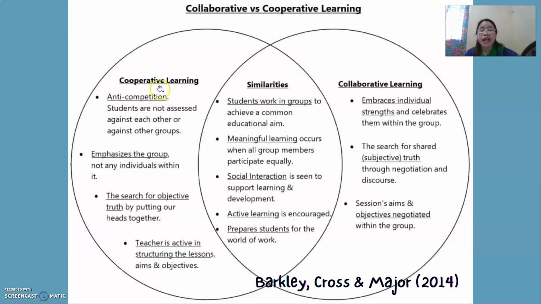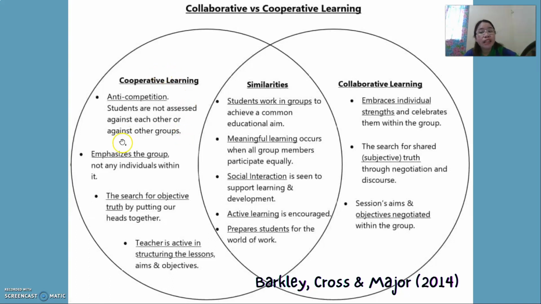So cooperative learning is really anti-competition. They have to work together. They have to help those students who are having difficulties so that they can progress together as a group.